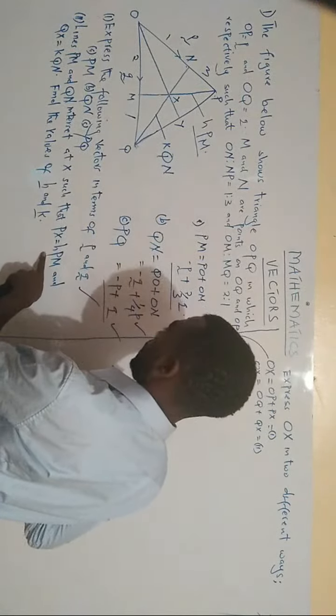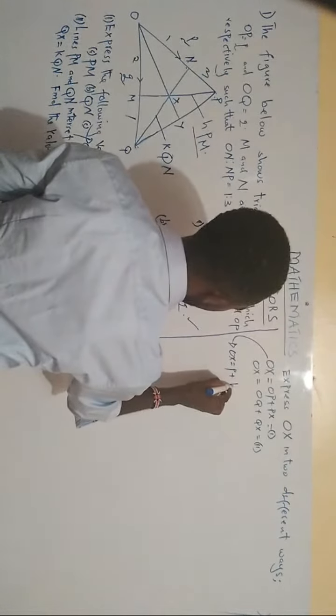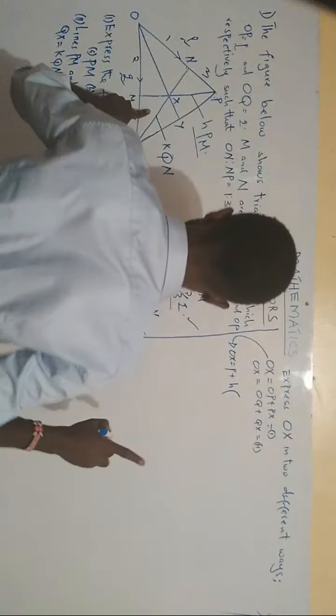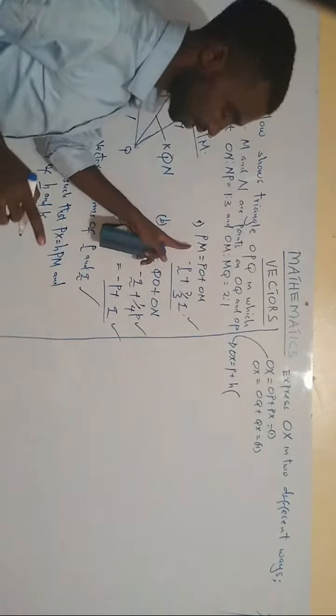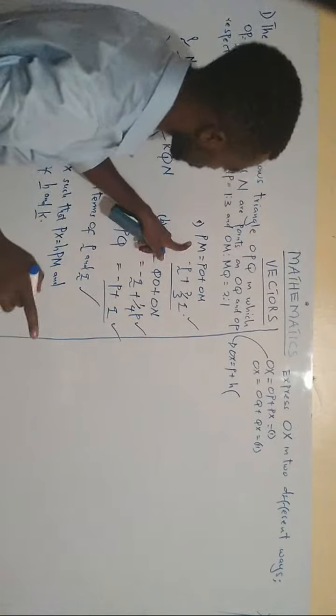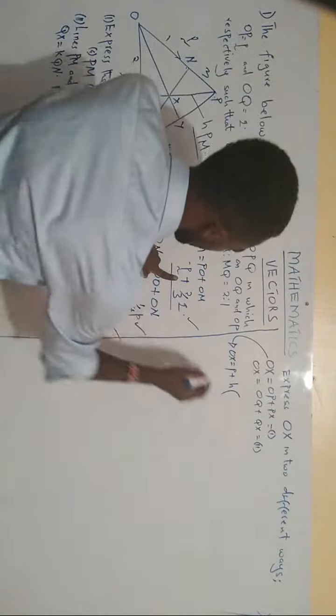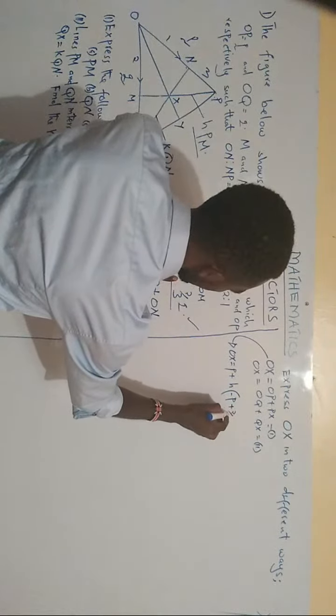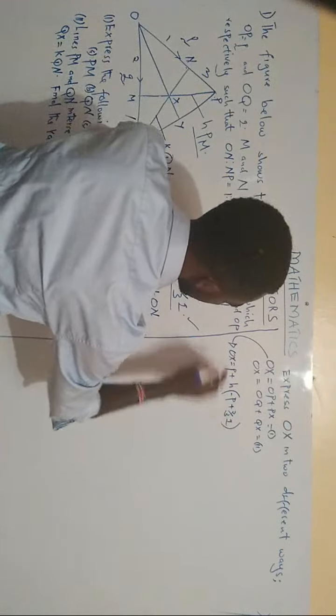PX was HPM plus HPM. Do you have PM? We got PM here, students. Don't forget. We got PM here. So it is HPM, which is negative P plus 2 out of 3 Q. Is that okay?